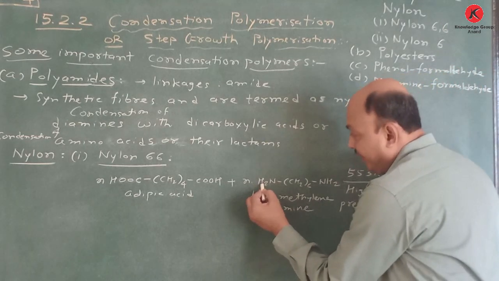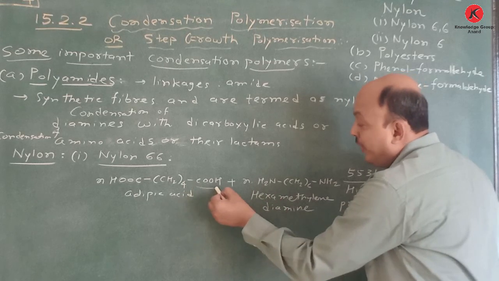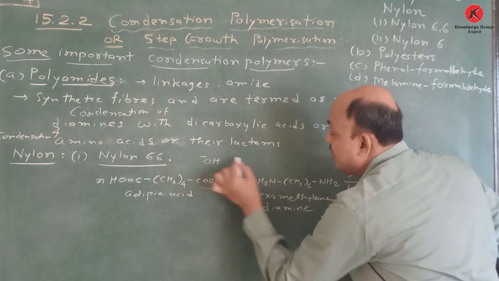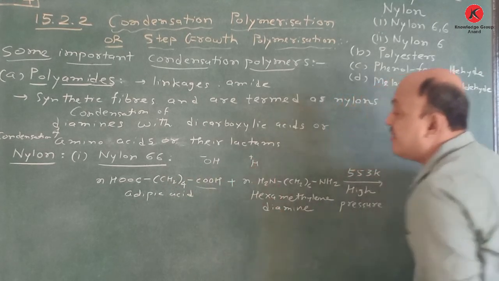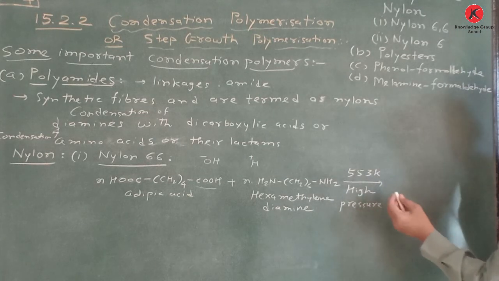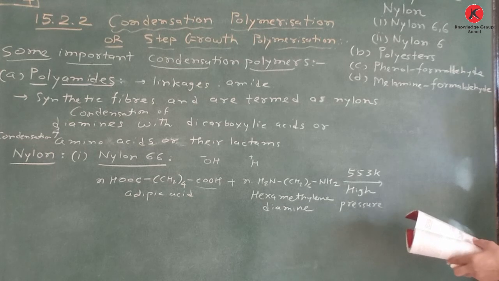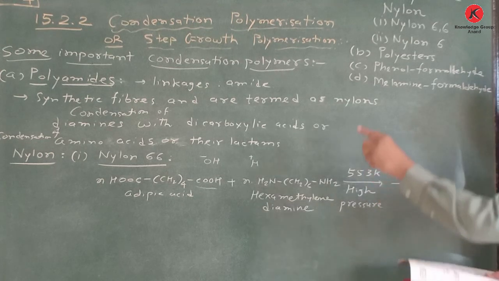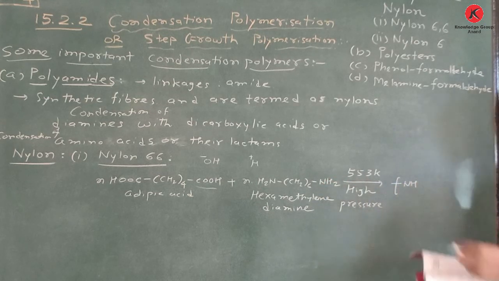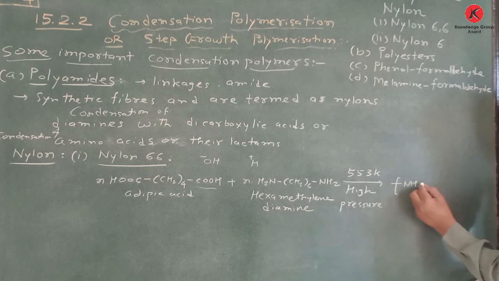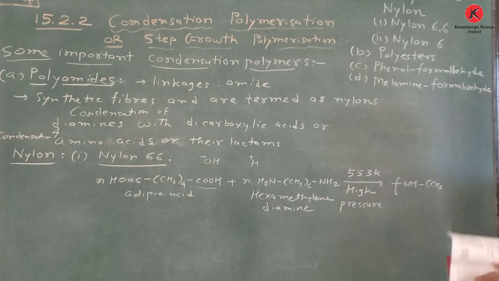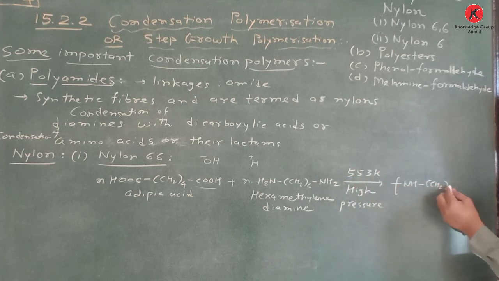From NH2, one hydrogen, and from COOH, OH minus ion. So remember it this way, here OH minus ion and here H plus is removed, and that's why the product is obtained as, suppose we write first of all this NH, then CH2, then 6.